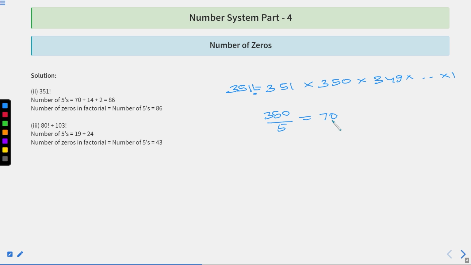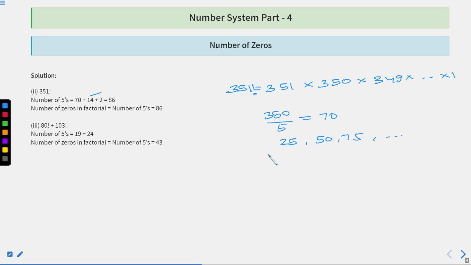Now you have to find out how many numbers contribute 2 fives. That would be 25, 50, 75, and it will go like this. You will have 14 such possibilities. Next, you have to check for three fives as well.